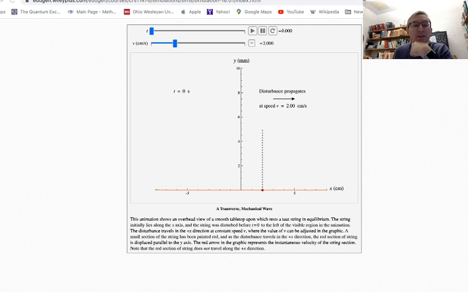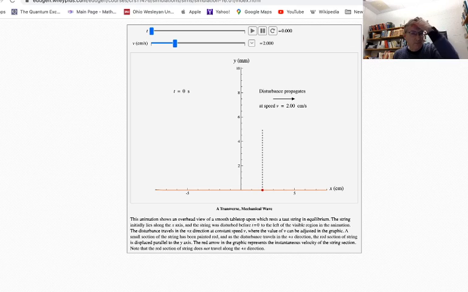That represents an undisturbed string, just sitting on the x-axis. We have painted one little piece of the string red, and that's the red dot that you see on the animation. The red dot happens to be resting at a location x equals 2 centimeters. That's an undisturbed string. There is no wave yet.